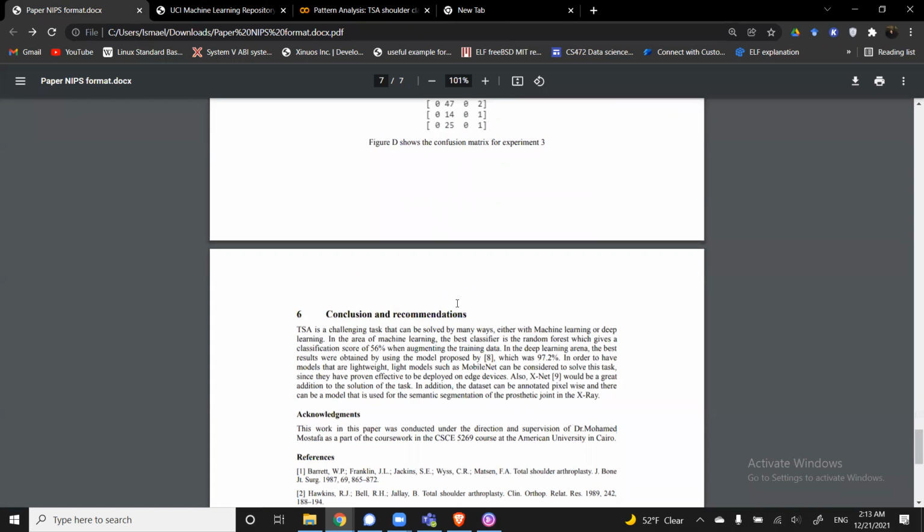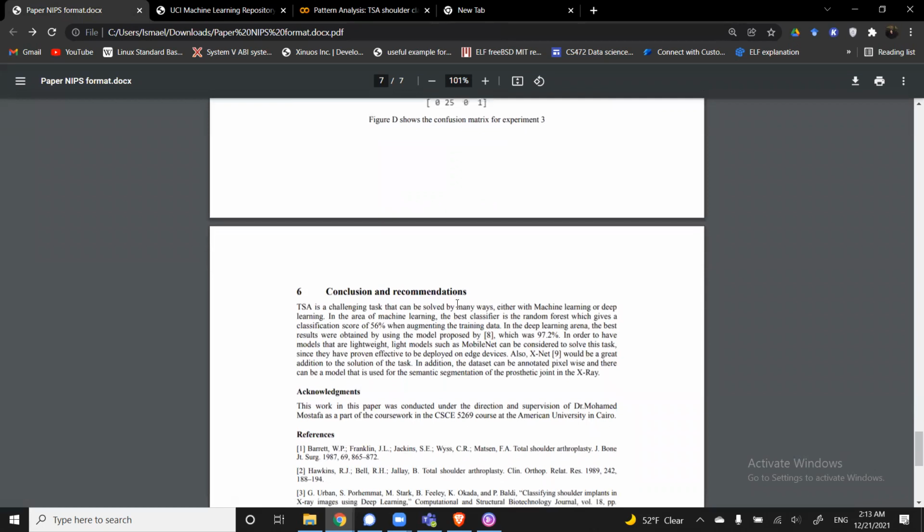And also if the researchers who did the work of XNet publish the weights or their dataset in the future, it would be really great to try semantic segmentation on the X-ray image and having a mask that only takes the bones and the prosthetic joint as an input to the model to make the classification problem easy.